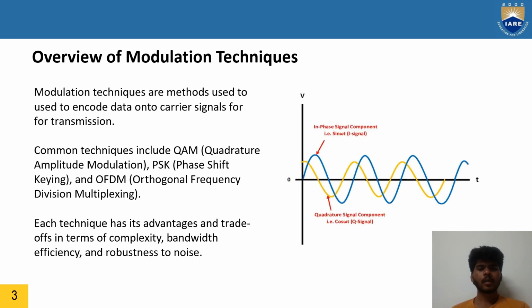Overview of modulation techniques. Modulation techniques are methods used to encode data into carrier signals for transmission. Common techniques include QAM. QAM full form is quadrature amplitude modulation.